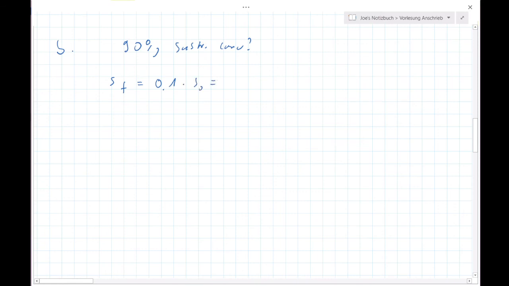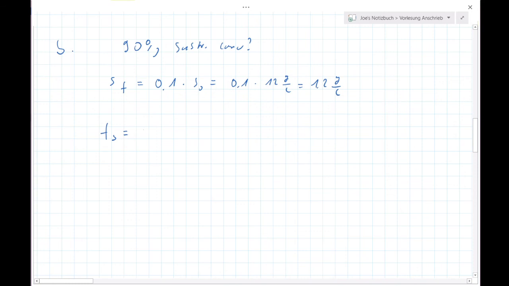Our S0 is 12 grams per liter, so it's 0.1 fold 12 grams per liter, and therefore it's 1.2 grams per liter. And we now simply look in our formulary and we get equation 11, which is giving us the batch time as a function of the substrate concentration. And we just copy it.